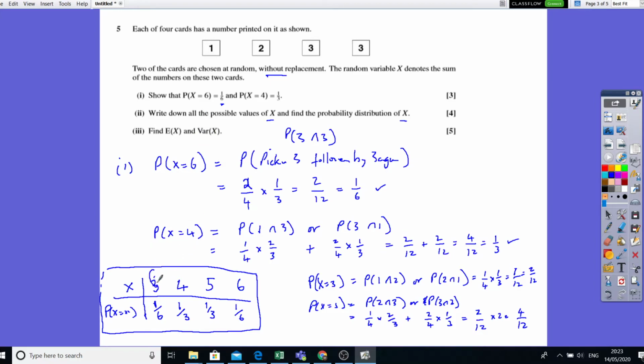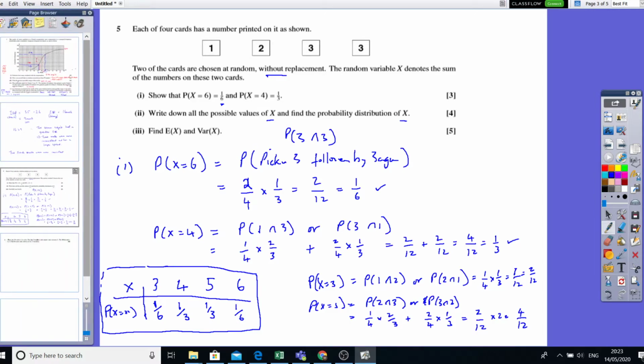you square this, the 3, sorry, I didn't mean to do that. The variance is just, you square this, times it by that, square this, times it by that, and take off your E of x squared from that. Okay, just wondering if I've got space.